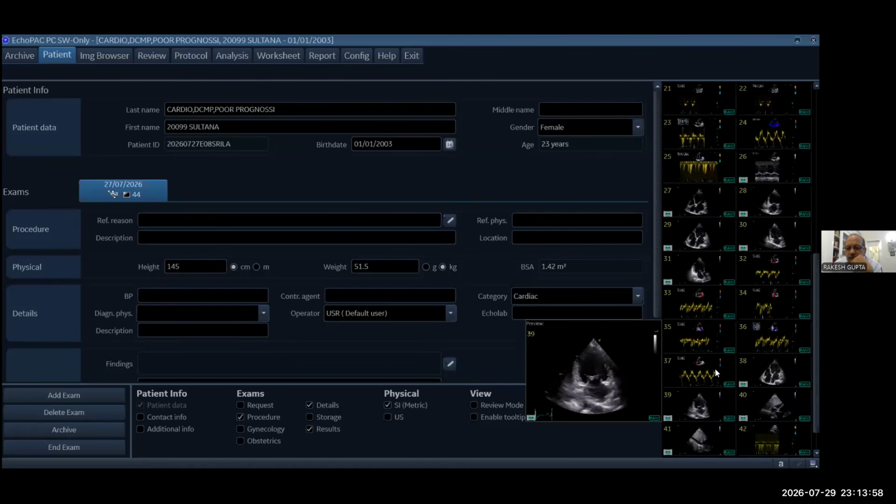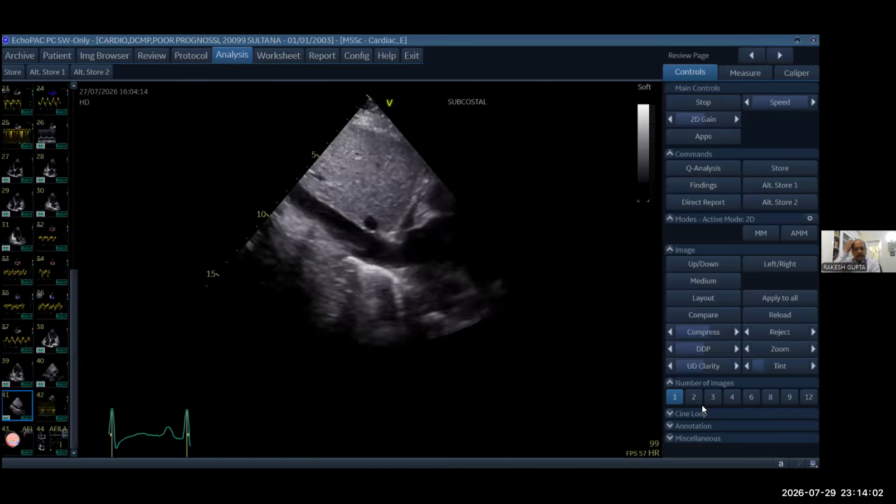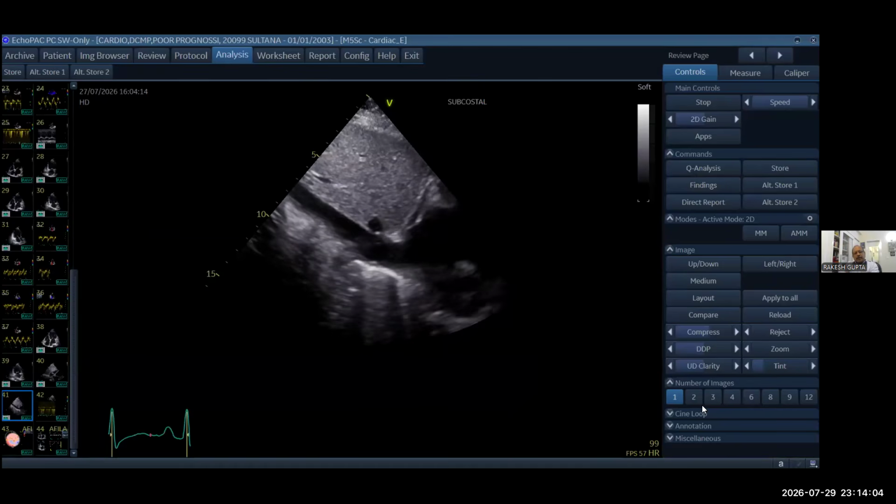Now you see the systolic function, you see the diastolic function, and I'll try to show you the IVC now. Can you see the slides?